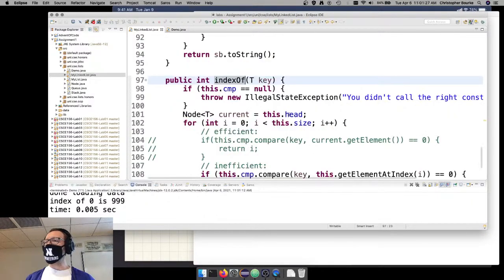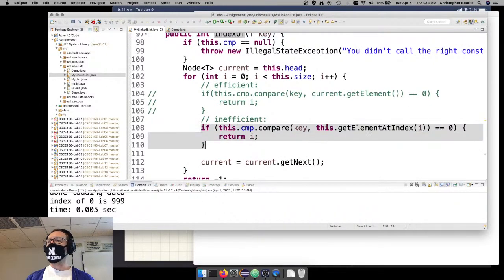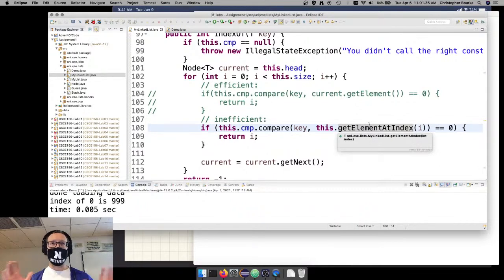Okay. Let's go back and remind ourselves what this code looks like. This is our first attempt, where we're the bad painter. We keep our paint can at one end of the fence. We always have to go back to the beginning, dip our paintbrush, and then go over to where we were painting. And this is the bad, inefficient version because we have to get the element at index i.